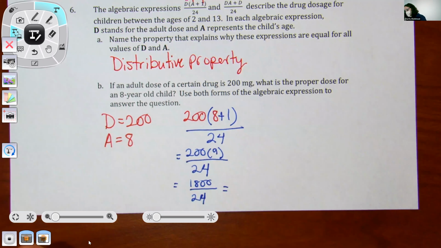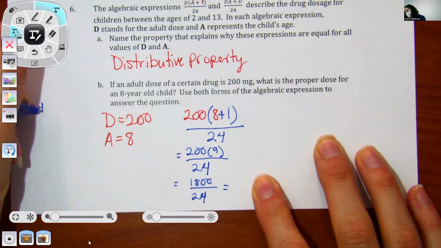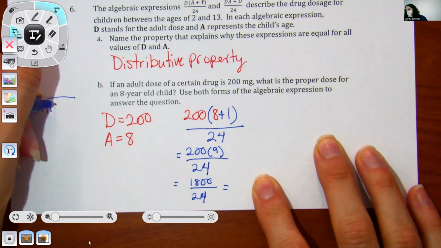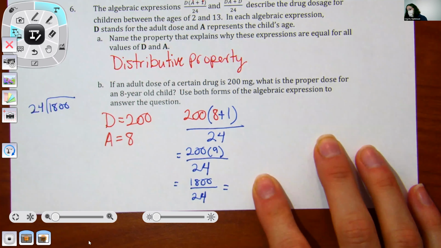Well, okay, let's just divide it, I guess. How many times did that go in there? Maybe 8.